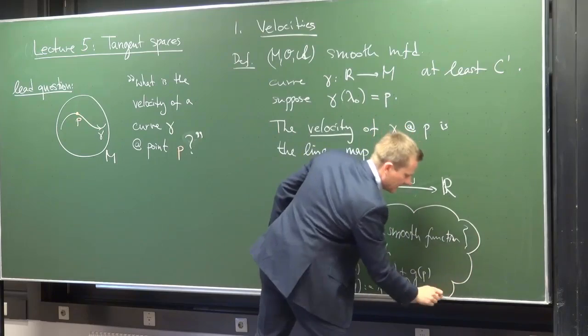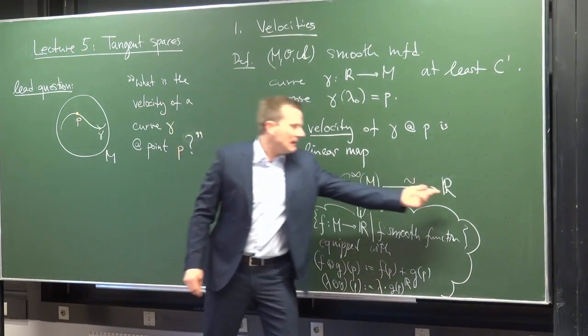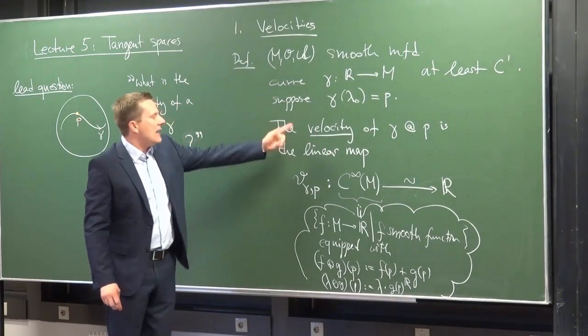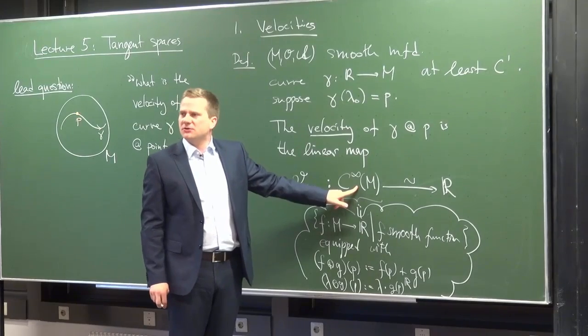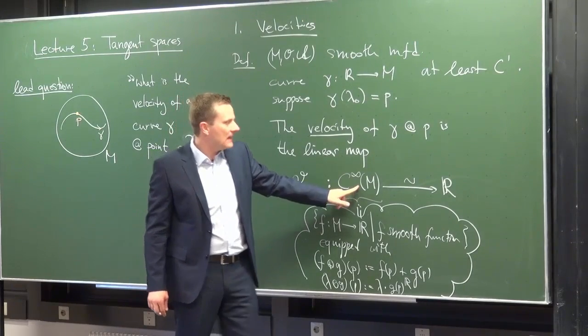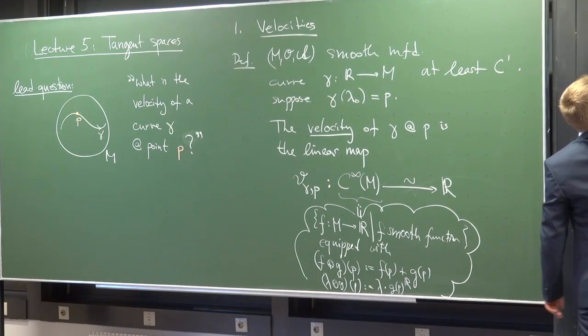It's the vector space of smooth functions, so it makes sense to talk about a linear map from here to here. And the velocity is a linear map that eats an arbitrary function, any function, and spits out a real number according to the following rule.